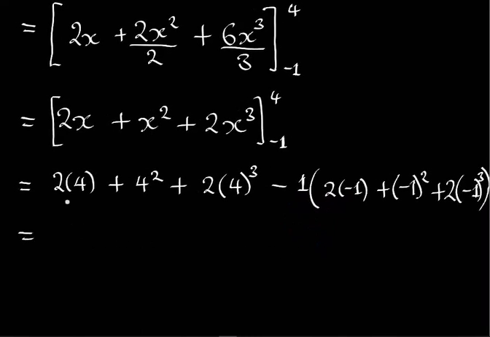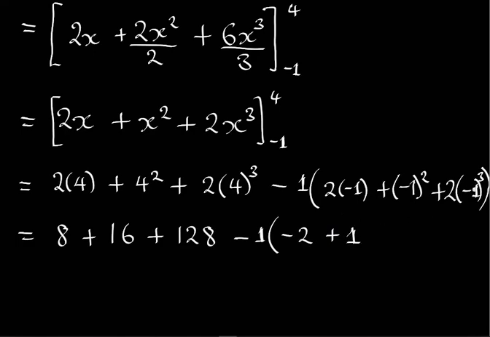Okay, now here we have 8, 16, 4 to the power 3. That should give us 16 times 4, which is 64. 64 by 2 gives us 128. Then working with what's inside the brackets, we have -2, a +1.